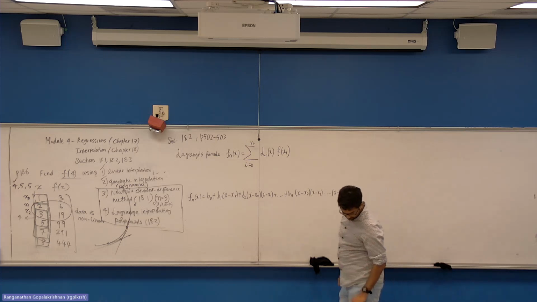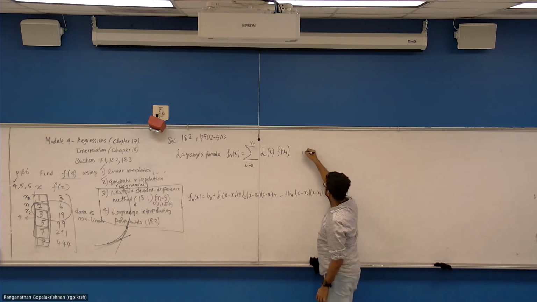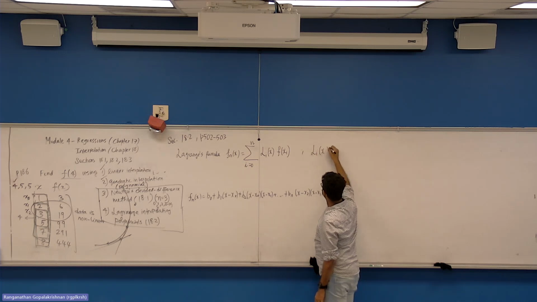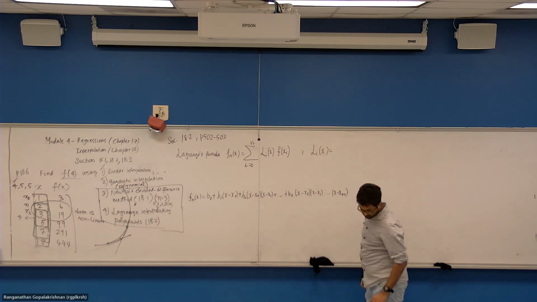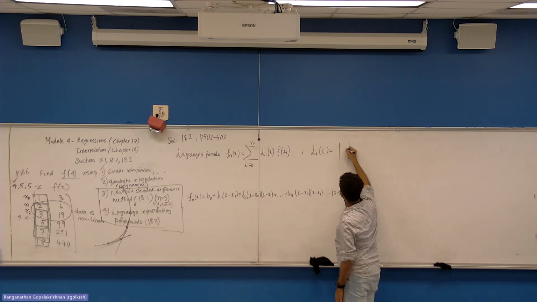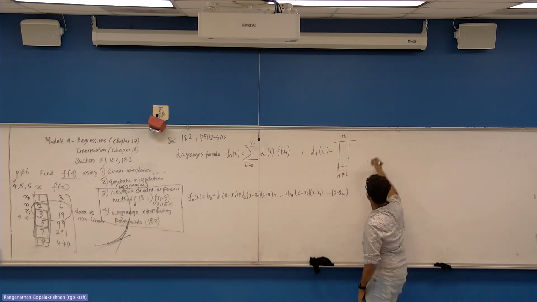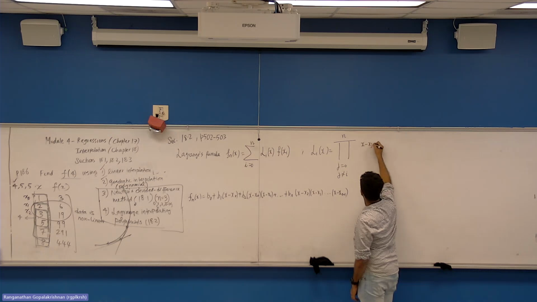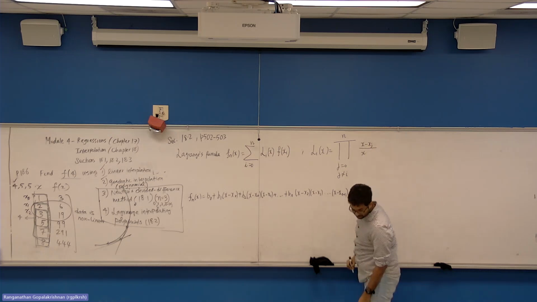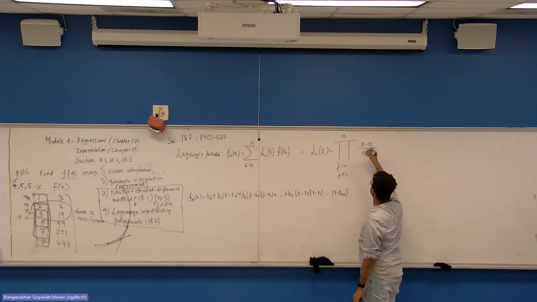We are introducing a function called Li of x, which itself is defined as the product, j equal to 0 to n, but j is not equal to i, of (x minus xj) divided by (xi minus xj).